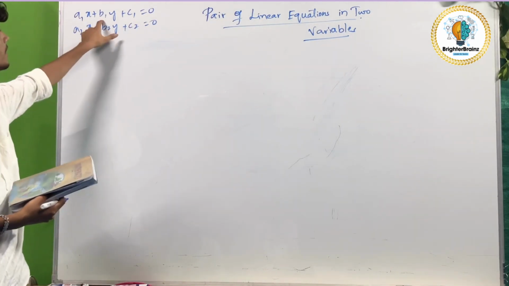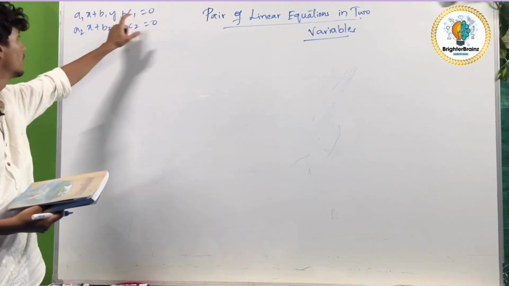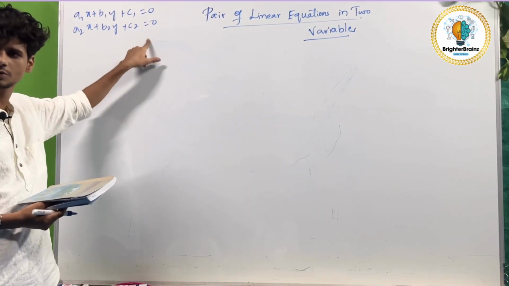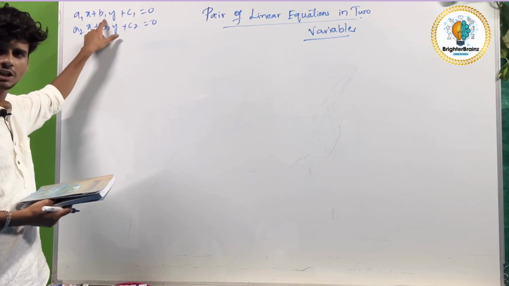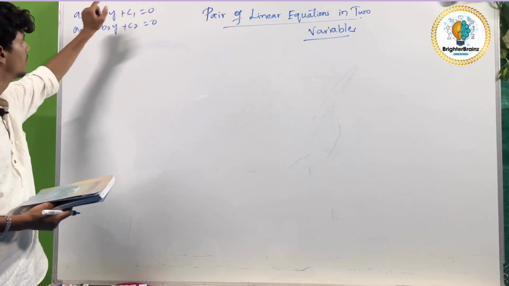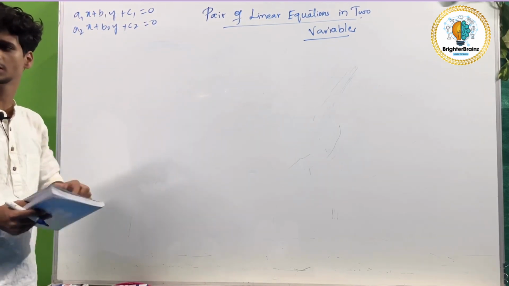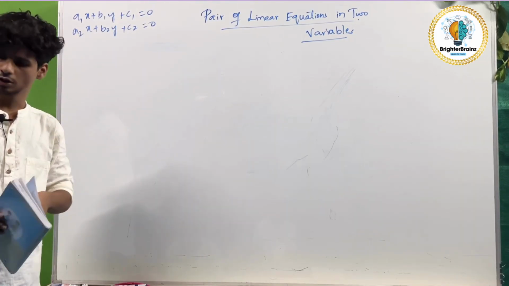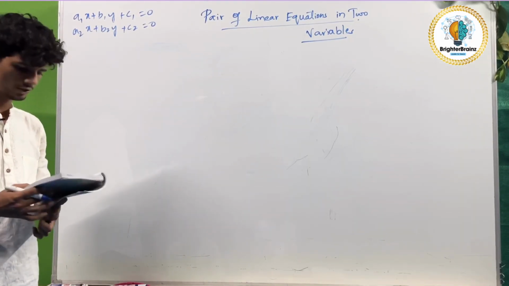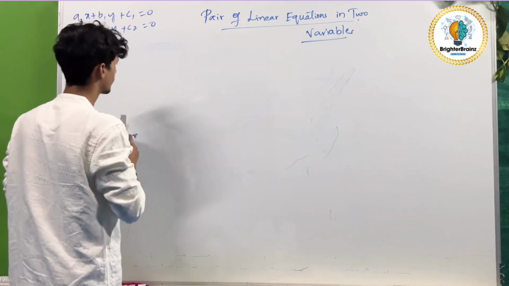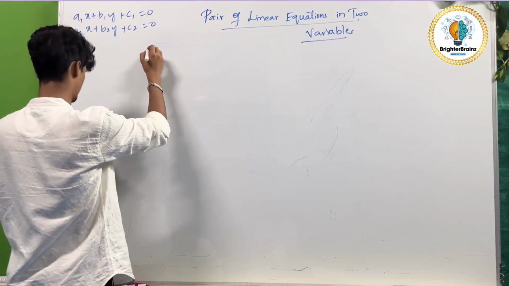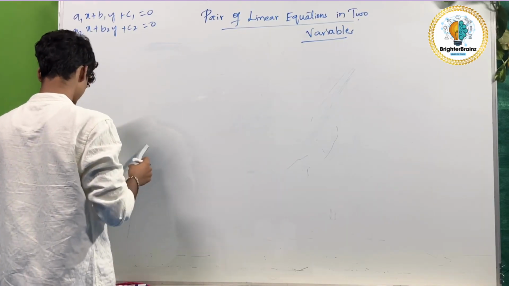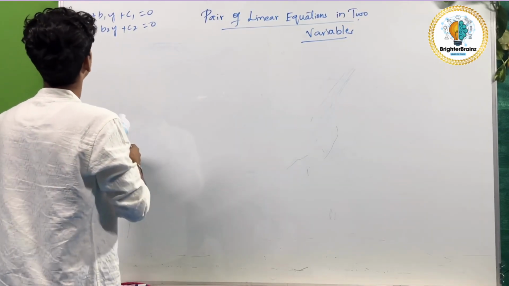Here a1, b1 and a2, b2 are the coefficients, c1 and c2 are constants, x and y are two variables, and x comma y is a solution. Are you clear? So now let us draw this table.